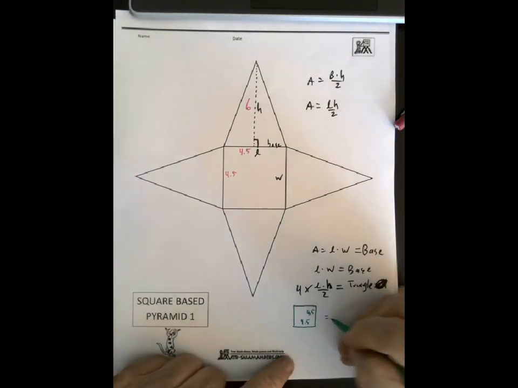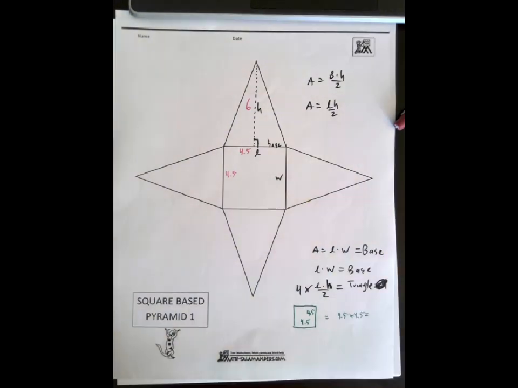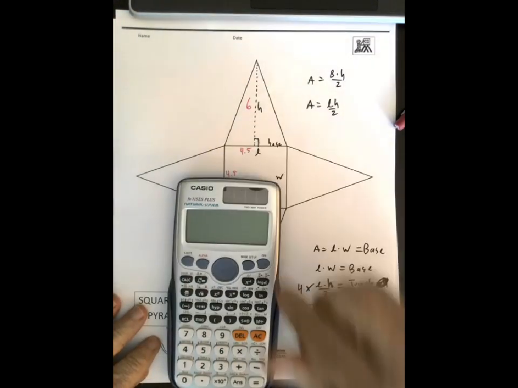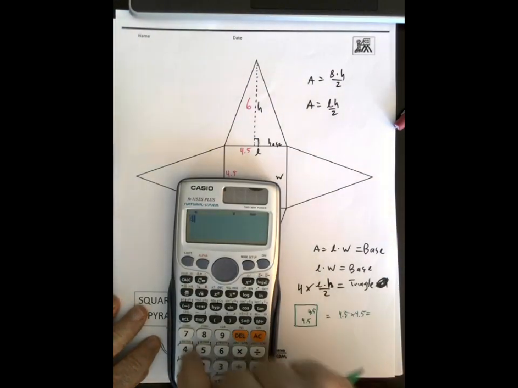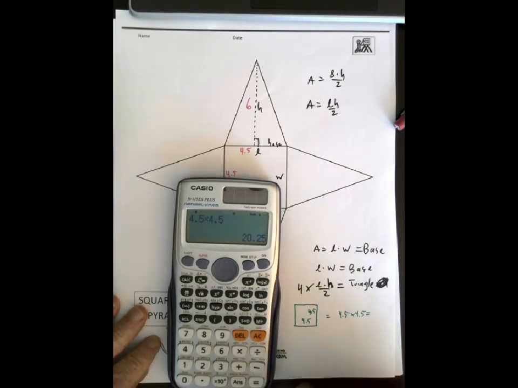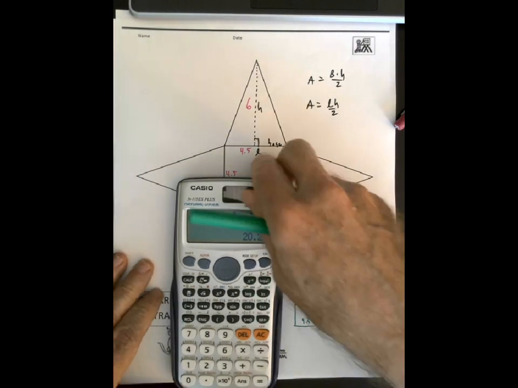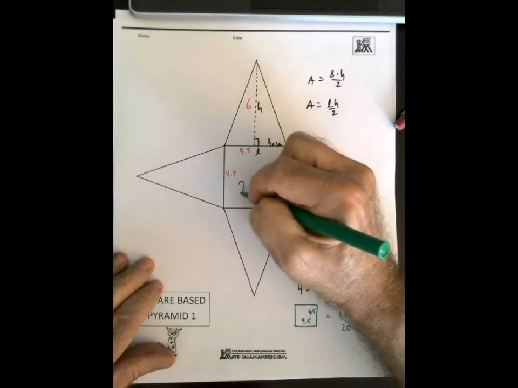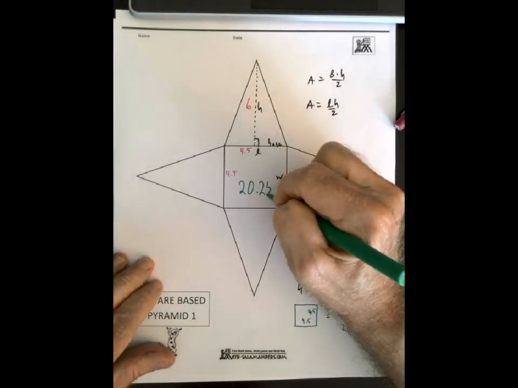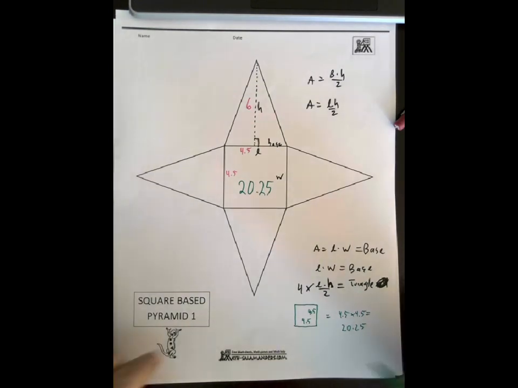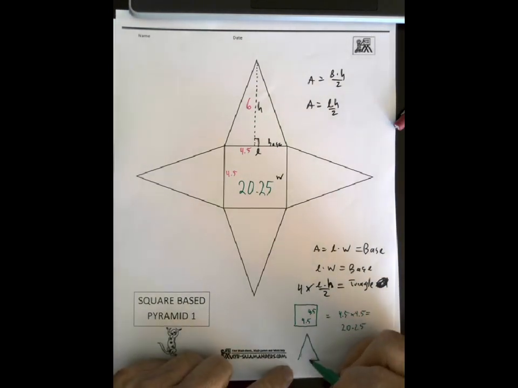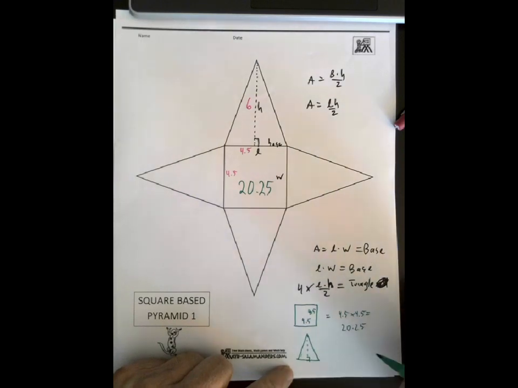According to Mr. Calculator, 4.5 times 4.5 is equal to 20.25. So the area of this base is 20.25. Now we want the area of the triangular sides.